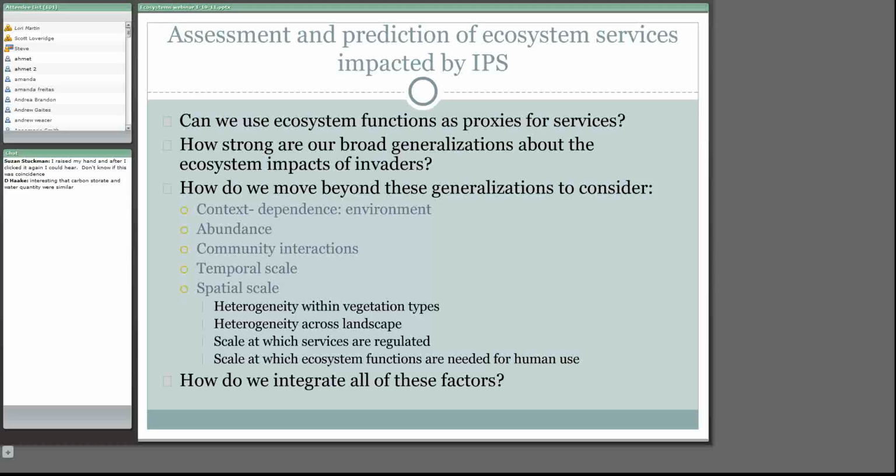Another question is, how strong are broad generalizations about ecosystem impacts of invaders? Are they suitable for assessment? And then looking beyond, at some finer detail: context dependence, abundance, community interactions, temporal and spatial scales, and then how do we integrate all these factors? So that's a challenge right now.